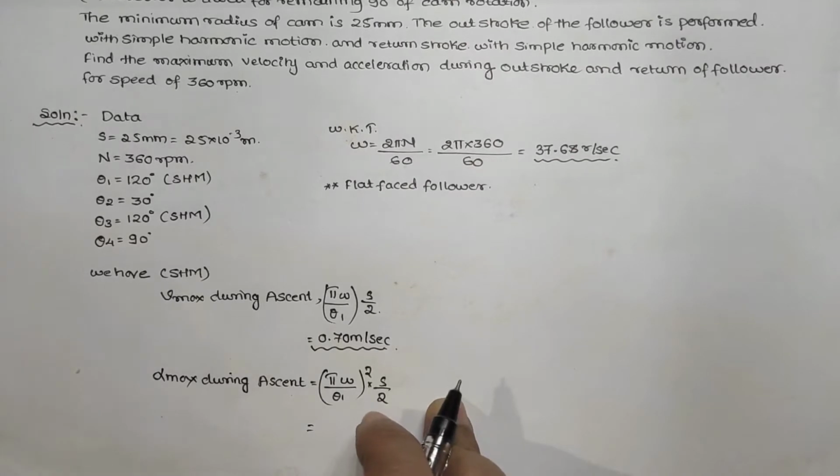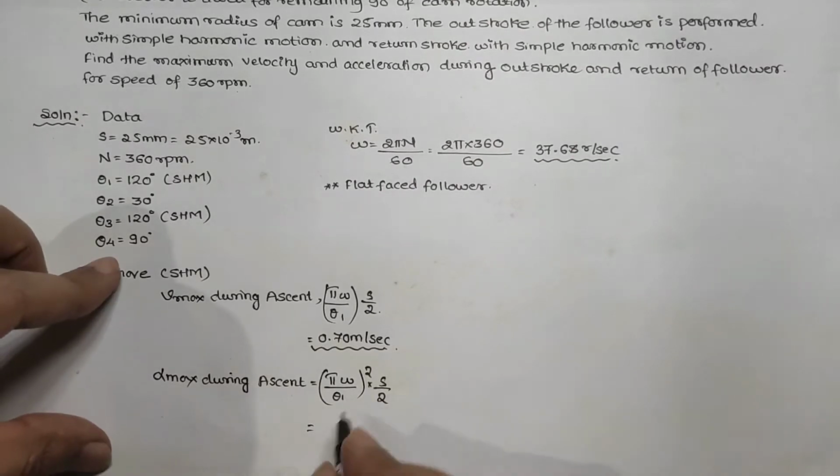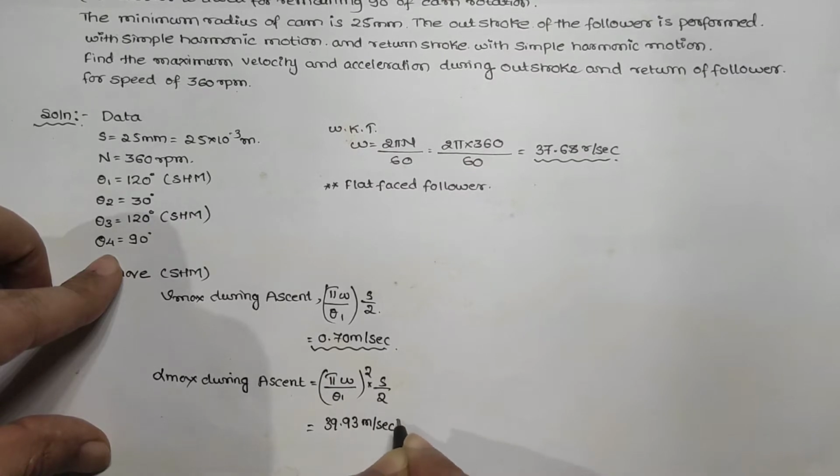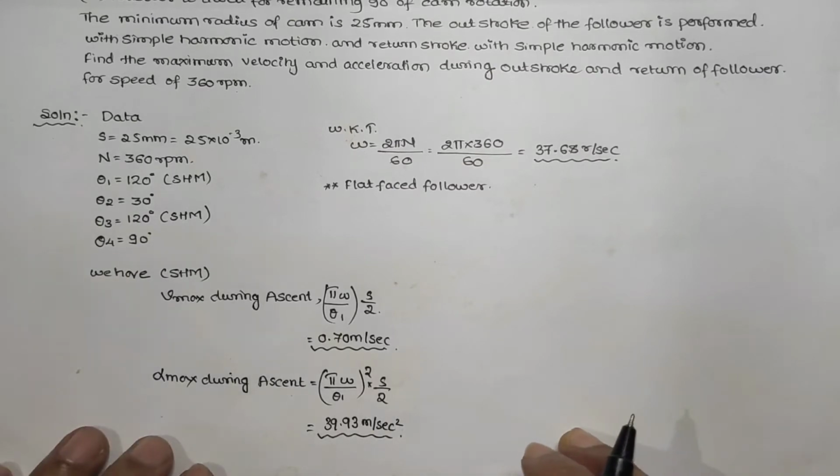The answer we get after substitution is 39.93 meter per second square. So we get this answer.